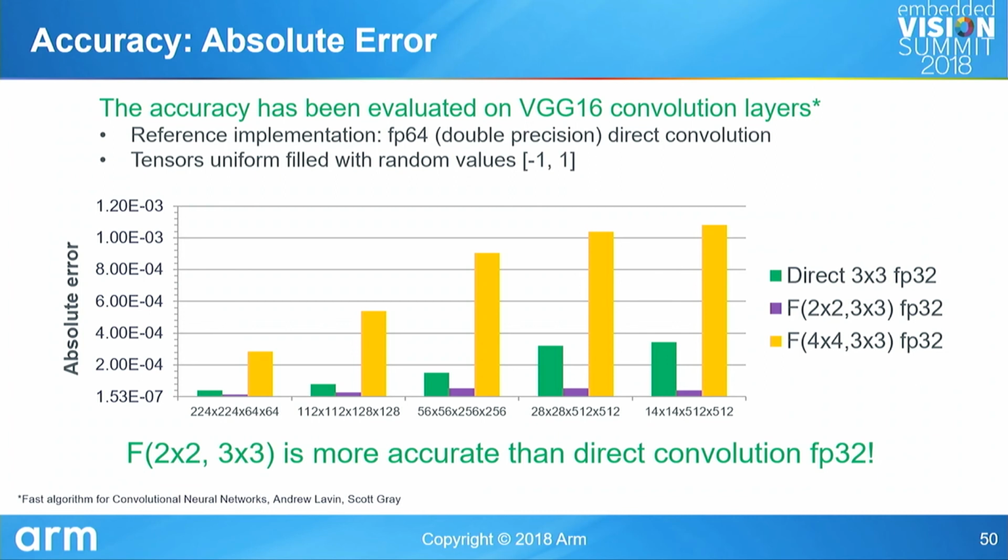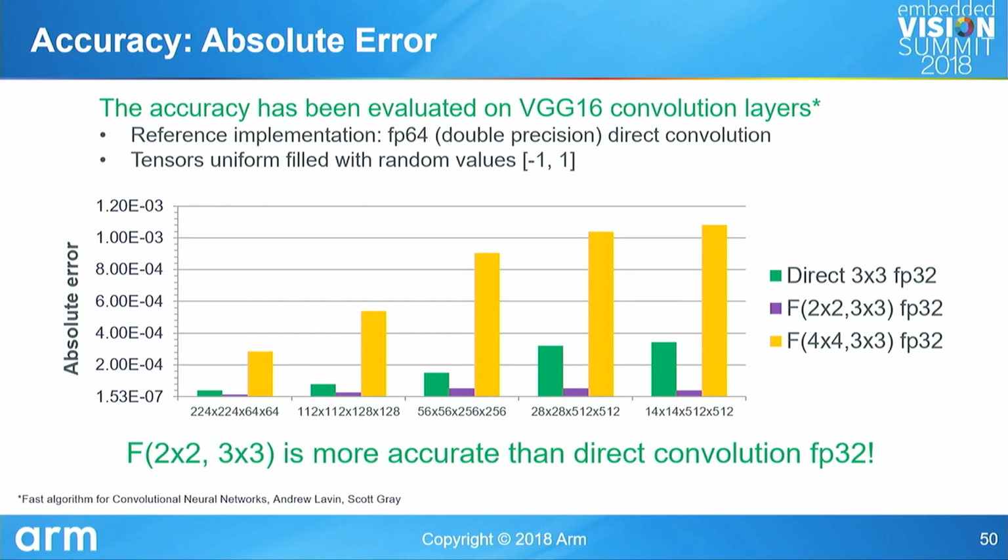For the mathematical approach, we use a reference implementation with double precision, a direct convolution with double precision, and we fill the tensors with random values between -1 and 1. We compare the reference implementation with direct convolution in floating point, and Winograd 2x2 output tile, and Winograd 4x4 output tile. And this is what we have seen.